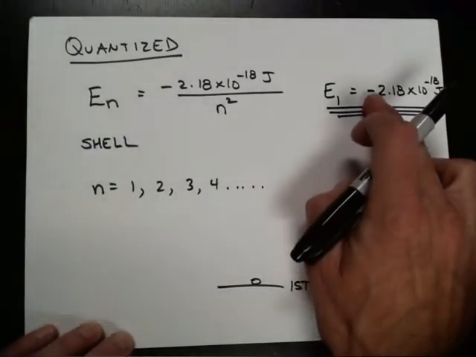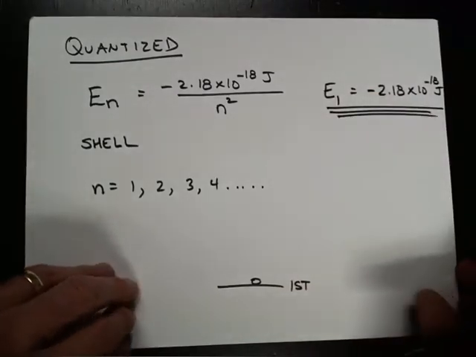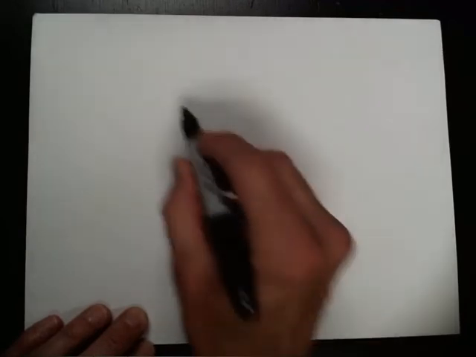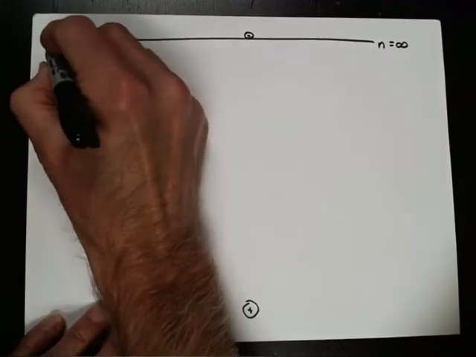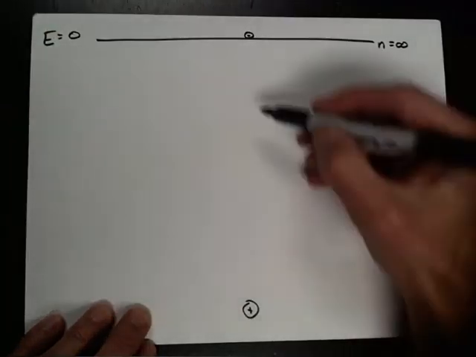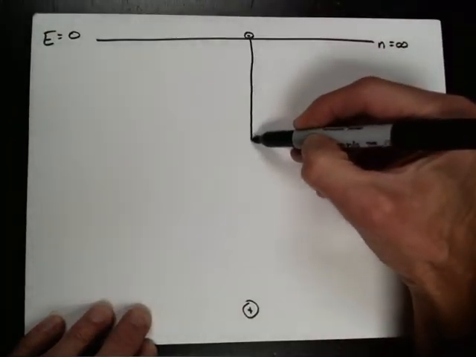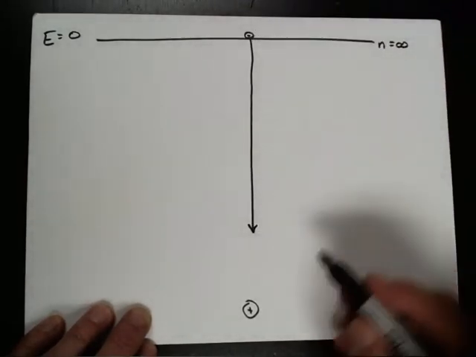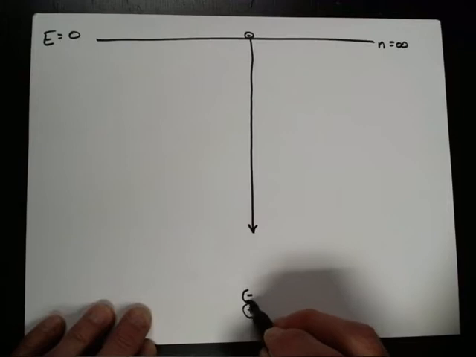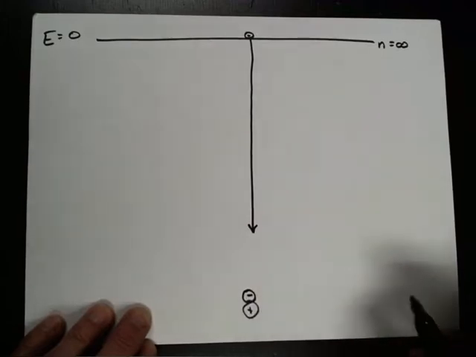And you might ask, well, why is this negative sign here? The way it was envisioned is if you take the nucleus and you imagine pulling an electron an infinite distance away from the nucleus, we'll call it n equals infinity, that's given an energy equal to 0. And then as that electron gets closer and closer to the nucleus, its energy is going to drop, because the electron wants to be on top of the nucleus because of Coulomb charge, right?